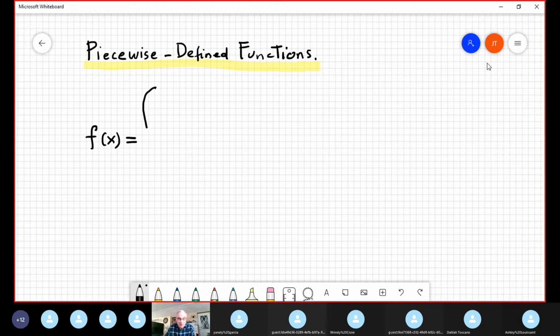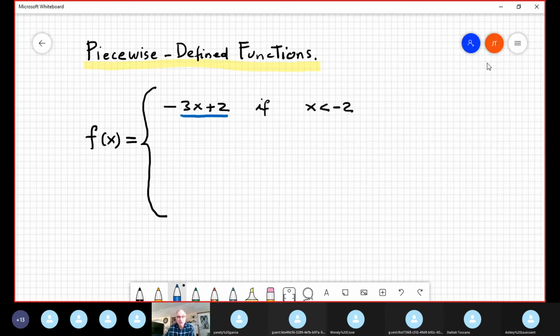So you open a big curly bracket, and you write, for example, one expression, minus 3x plus 2, and you put a condition for it: if x is less than minus 2. So this expression is valid only for this condition.